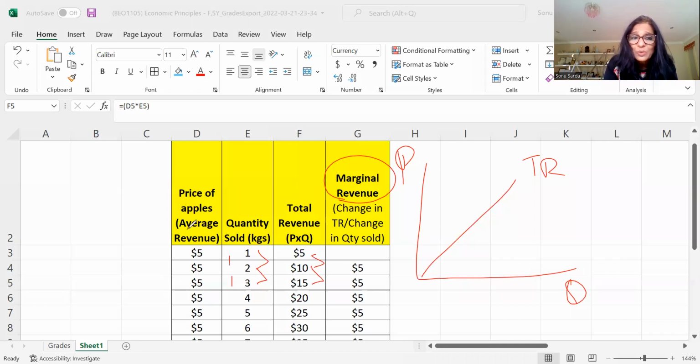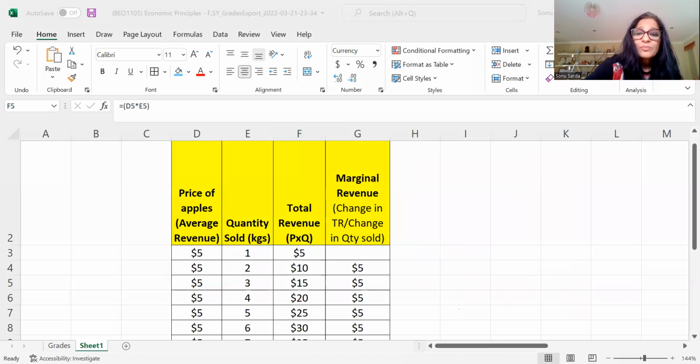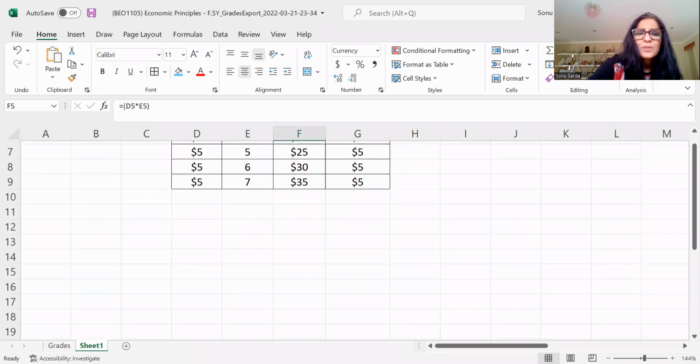Another concept that you had learned was the average. What is average revenue? Remember the word? Average relates to per unit. So average revenue is the per unit revenue for the good that you're selling. So how do I work out this per unit?